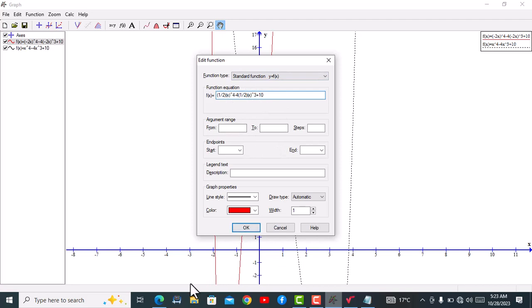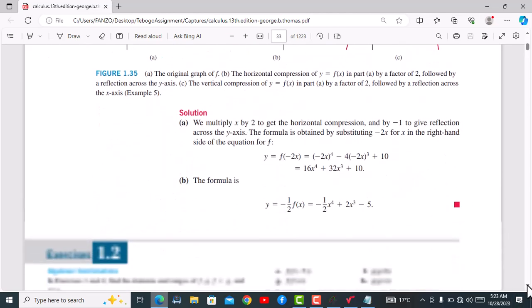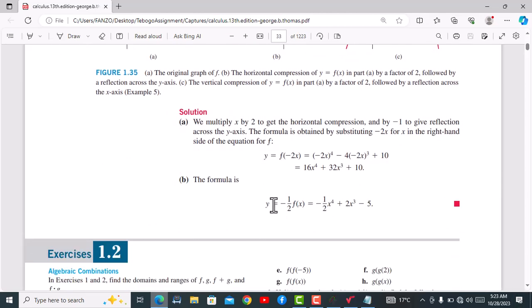So am I correct here? Yes, I am very much correct. So this is what now? This is compressing vertically. I am compressing vertically, and then I am now reflecting across the x-axis. When you reflect along the x-axis, only the value of y changes the sign.